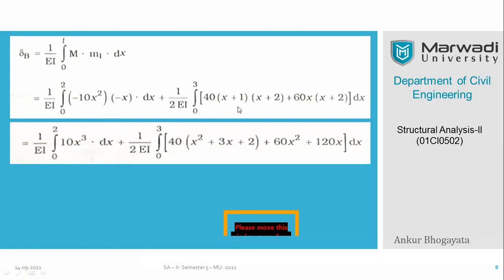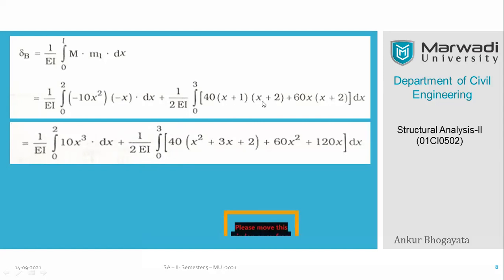And here you can see that without fail, you have employed 1 upon 2 EI. Please be careful about this. Sometimes there is a small error in some of the calculations, and we have to be very specific in that case. So let's simplify this again.